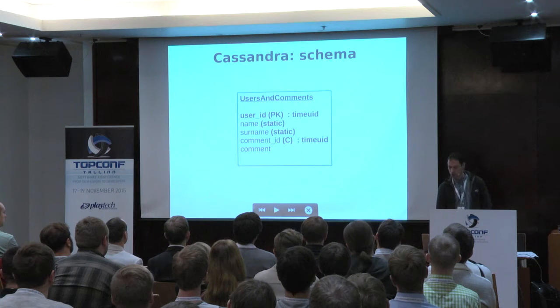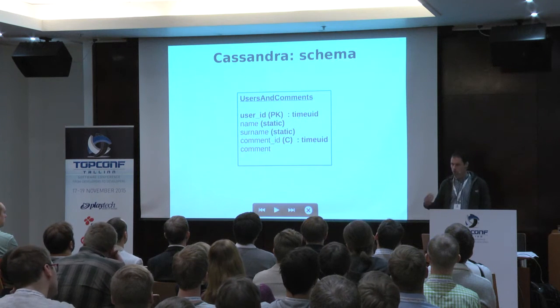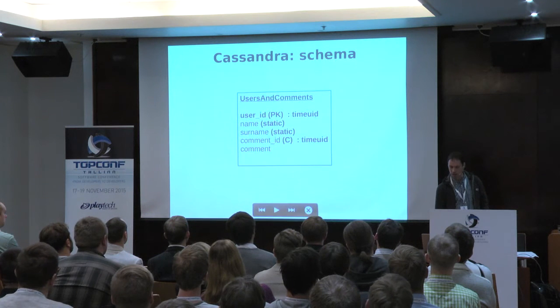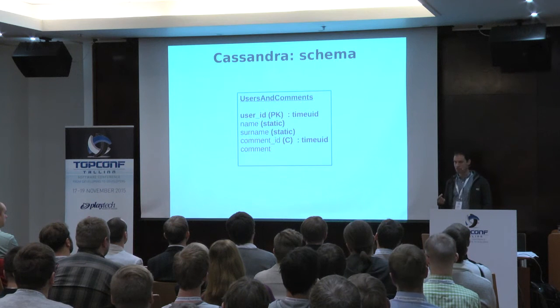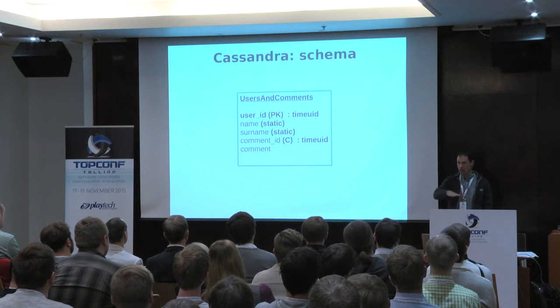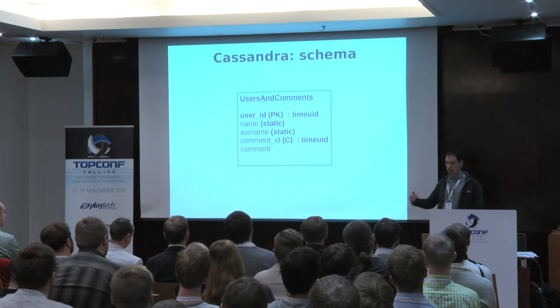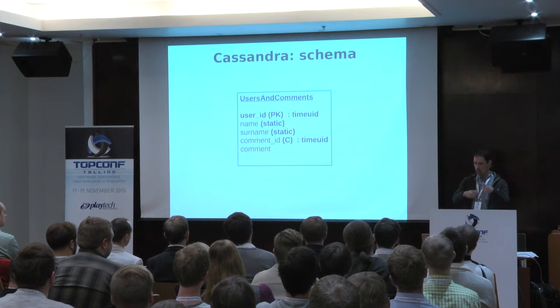Additionally, you should pay attention that we don't use auto-incremented fields. Here we use time UID keys, which are globally unique identifiers, and they can be generated at any client machine, and they are guaranteed to be unique, and we don't have to use any central storage of current key values.